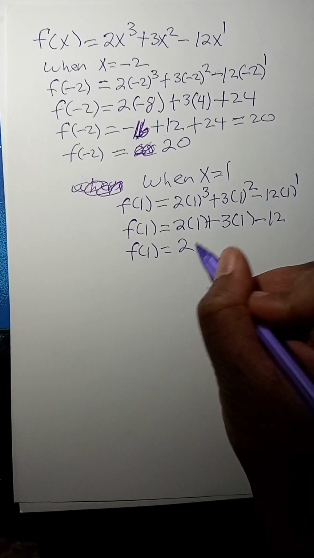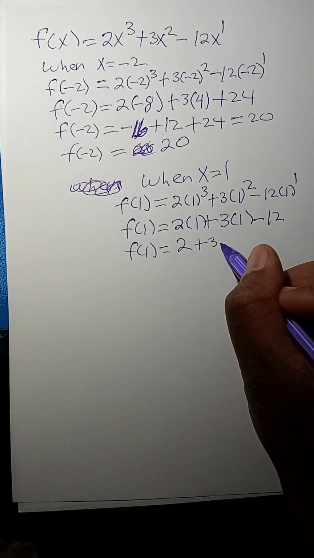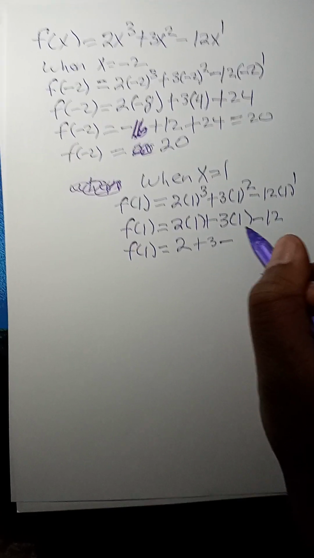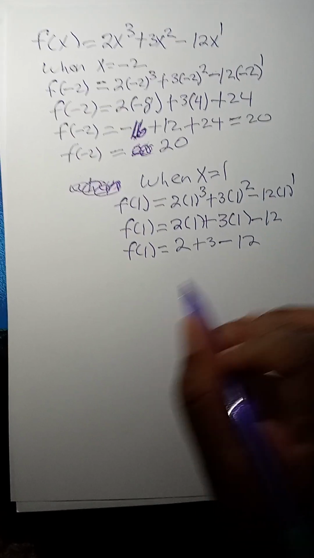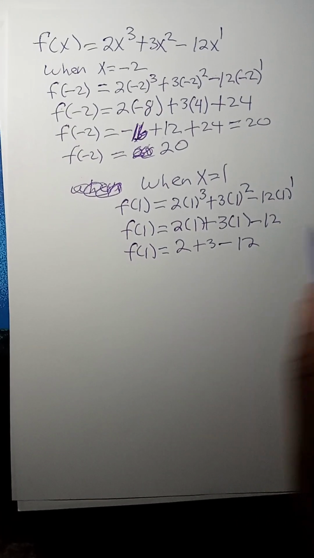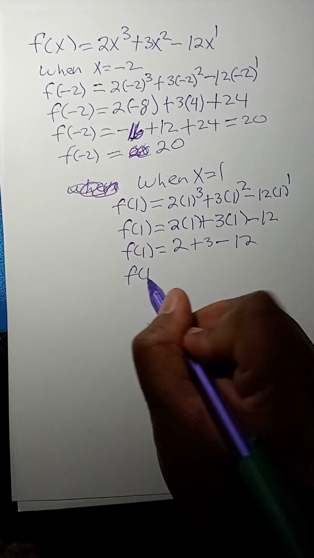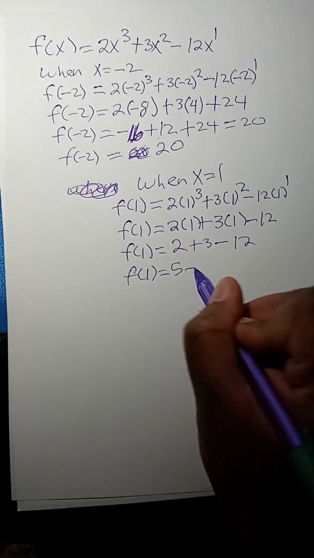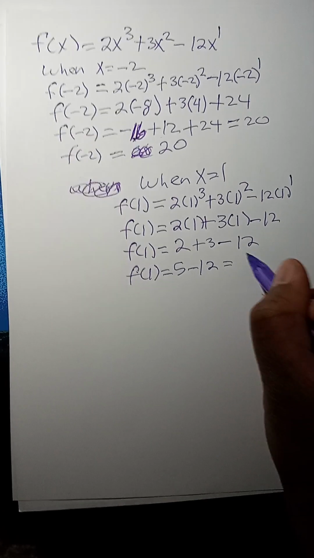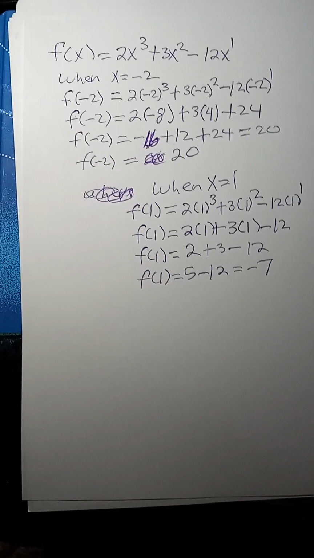So we have 2 plus 3 minus 12, which is equal to 5 minus 12, and that is equal to negative 7.